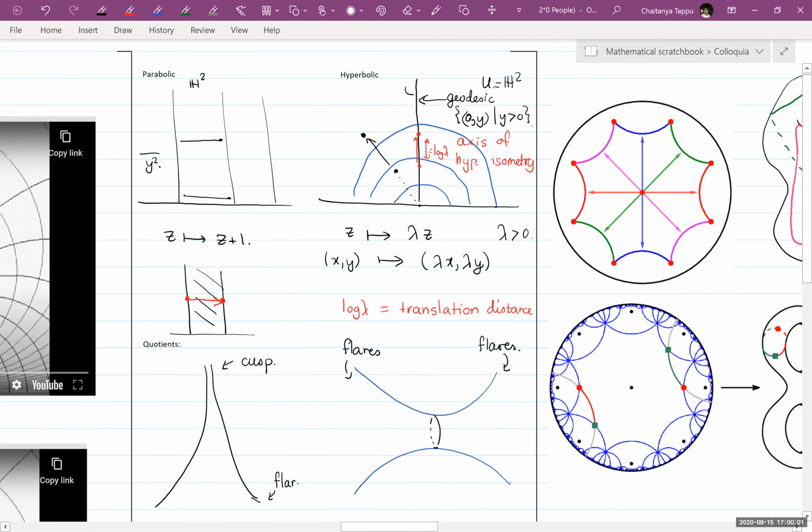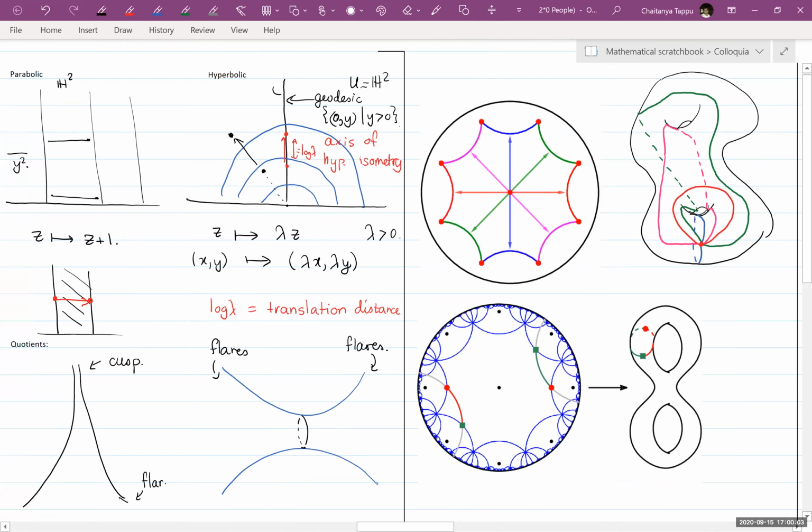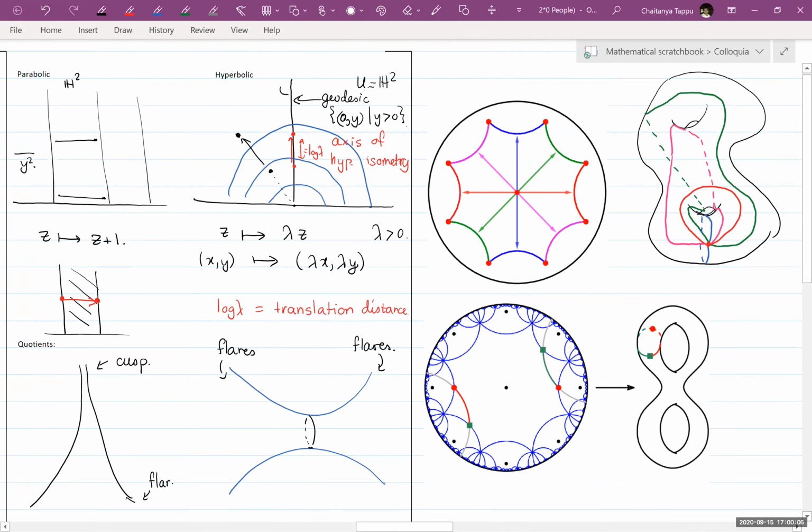In general, you can construct hyperbolic surfaces by more gluings. And so here is another example. This is a genus 2 surface. For that, you take a hyperbolic octagon, and you glue opposite sides according to an identification like this, and that gives you a genus 2 surface.